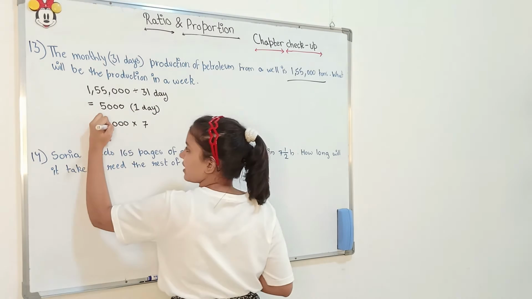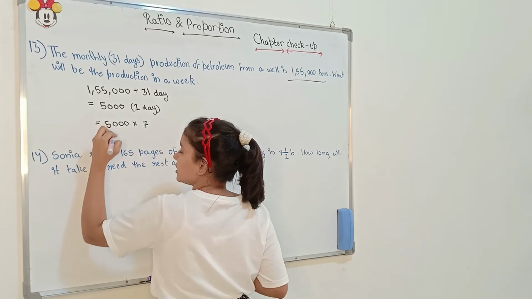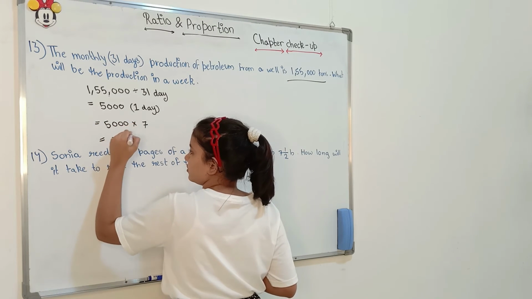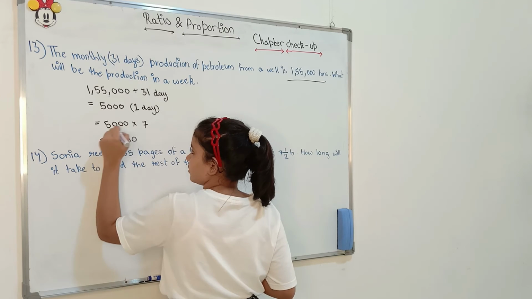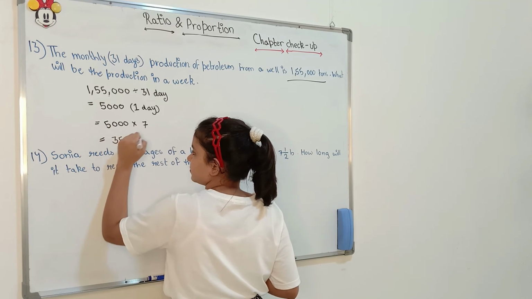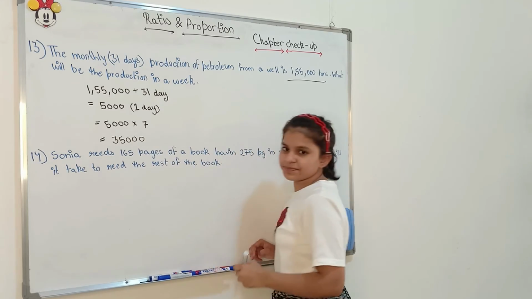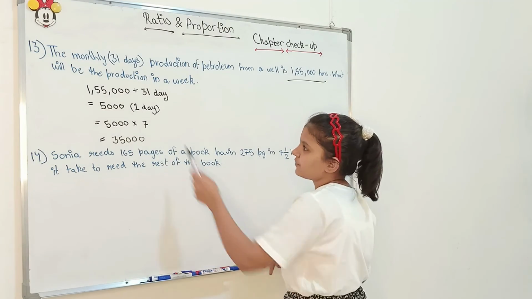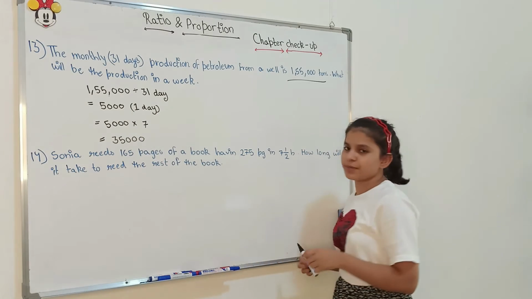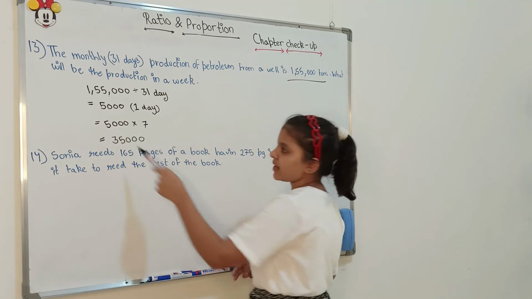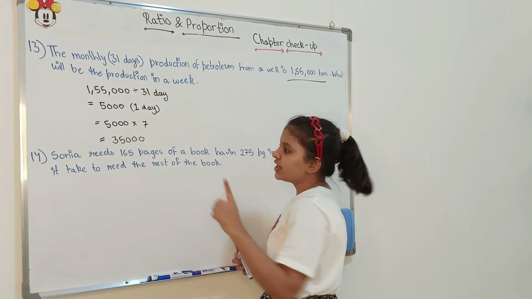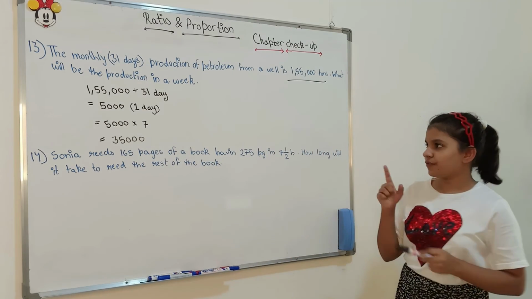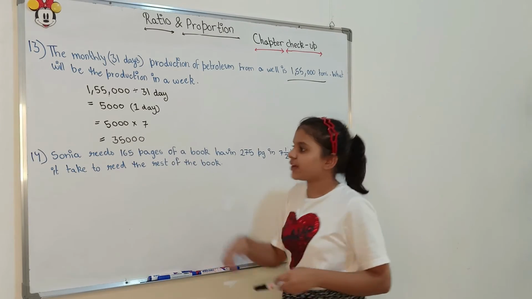So our final answer would be 35,000. So this question was very easy. We just had to divide first to get the production of petroleum for 1 day. Then we multiply 5,000 with 7, which is 1 week, to get our answer. So the production of petroleum for 1 week is 35,000.